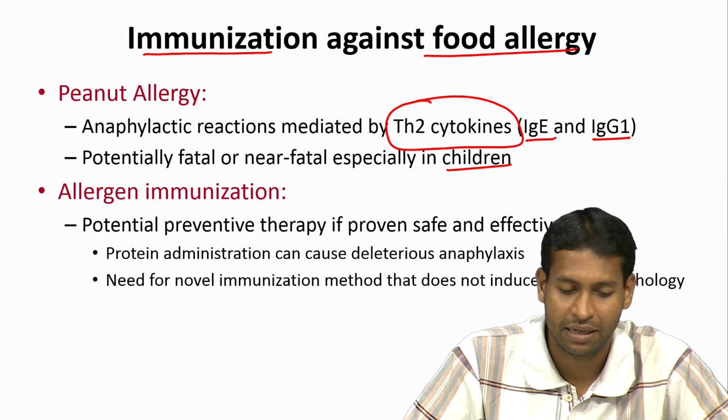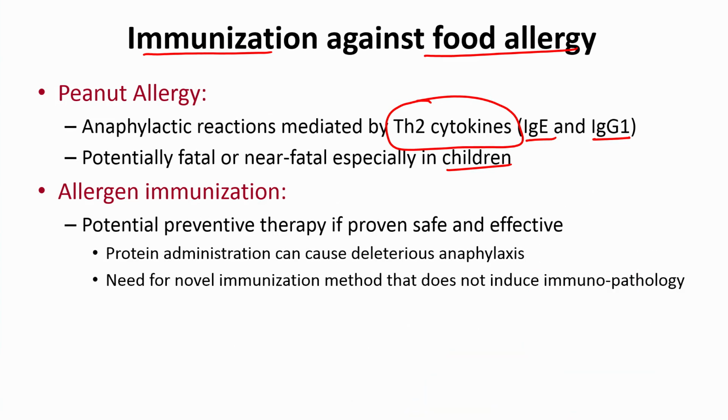And the major allergen is obviously a protein present in peanuts, and we will talk about that in a moment. But how about if we immunize our body against this allergen present in the peanut? Would that prevent the immune response from mounting in a certain way to cause this anaphylactic shock?